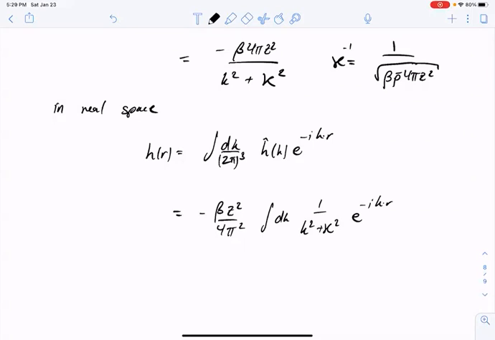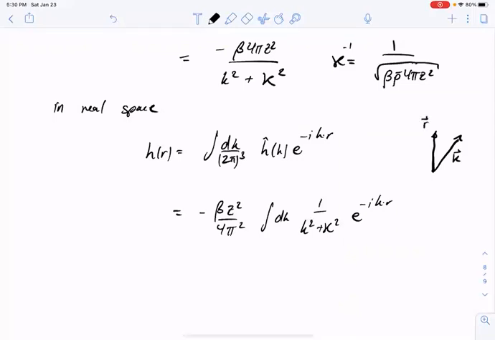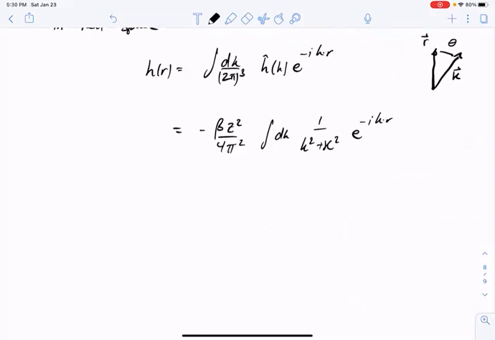So the canonical way of doing this is to point, or to reference, the vector k along r, where the angle theta is the angle between them, such that in a normal Cartesian coordinate system, that would be z.